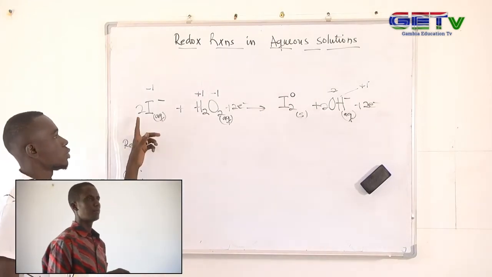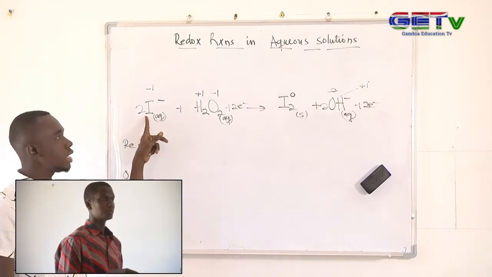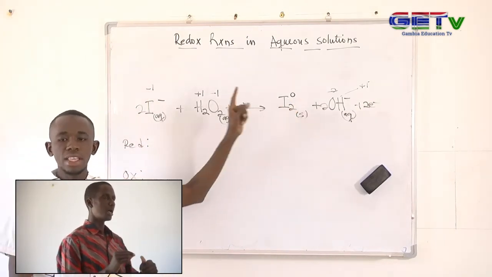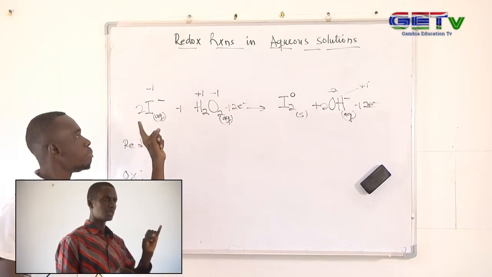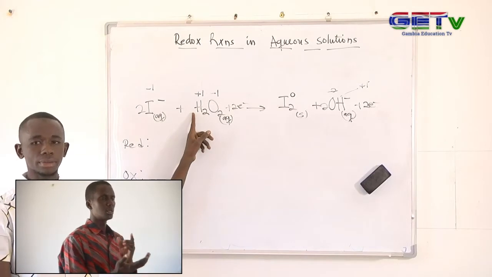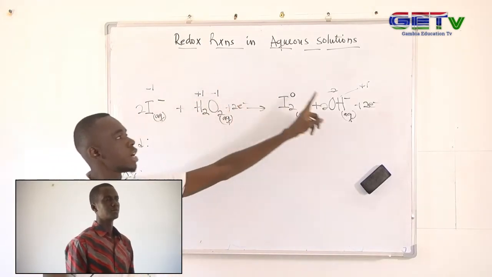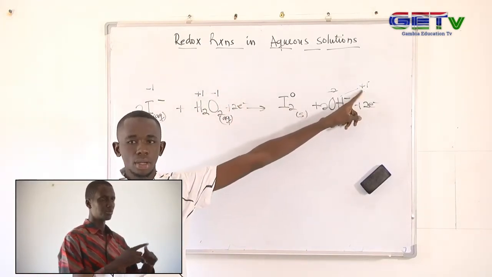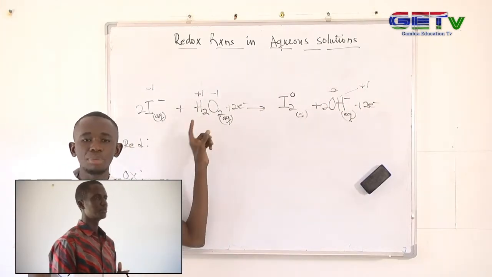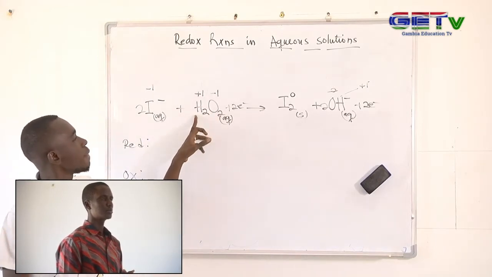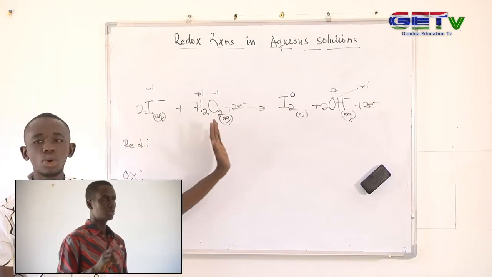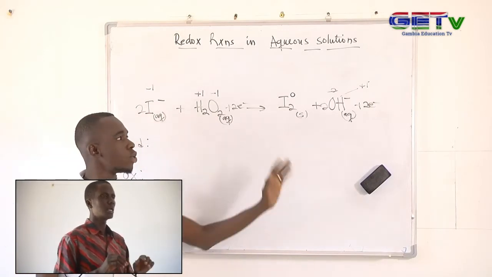You see, iodine here is negative 1 and iodine there is 0, which means there is a change taking place between these two iodines. Hydrogen here is plus 1 and here is still plus 1, which means hydrogen is not actually reacting in this redox reaction; it is playing the role of a spectator ion.